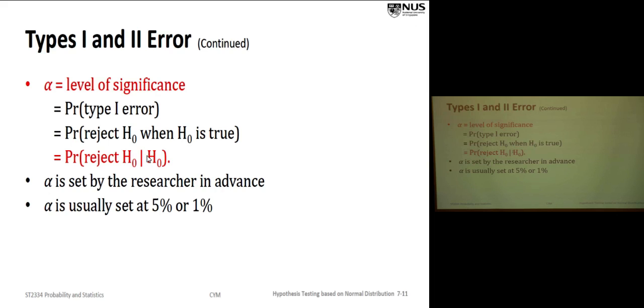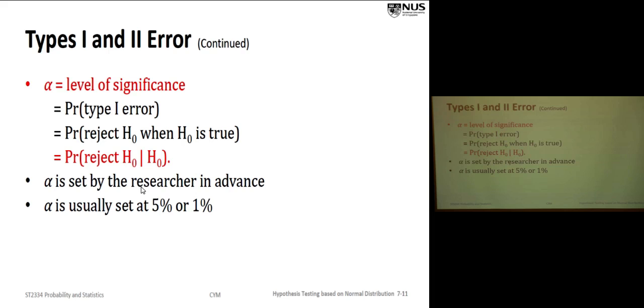You set alpha to be small because you want to make the chance of a type 1 error small. Then the procedure normally is that you set alpha, and then you try to find the test with the smallest possible beta. They're called uniformly most powerful tests, but we don't study that. So what we're going to do is set the chance of a type 1 error.